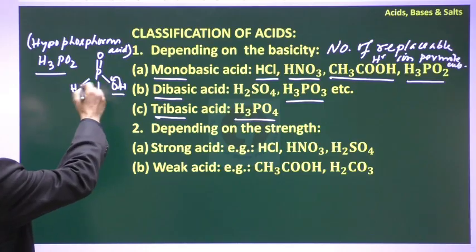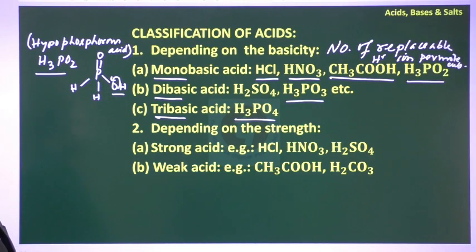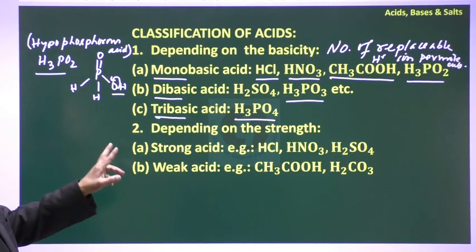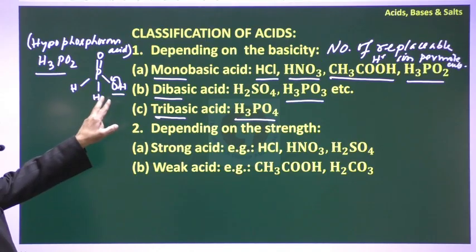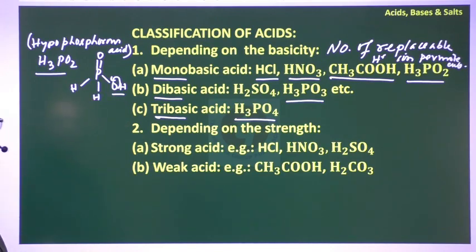The hydrogens linked with the phosphorus will not give the H plus ion. Oxygen is more electronegative than phosphorus, and that's why the OH bond is more polar, and that's why it will give only one H plus. Only OH will give the H plus.